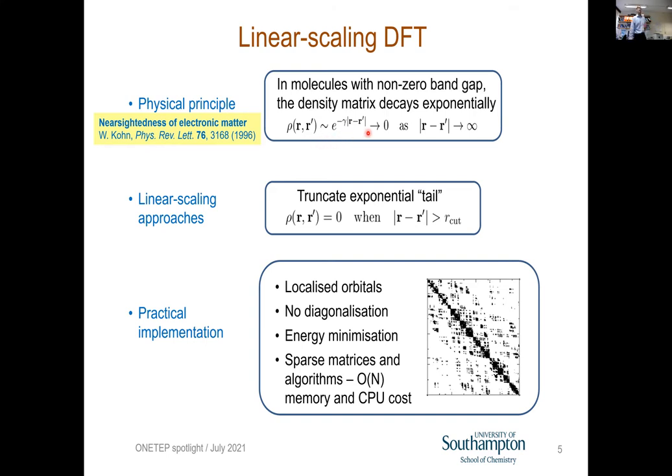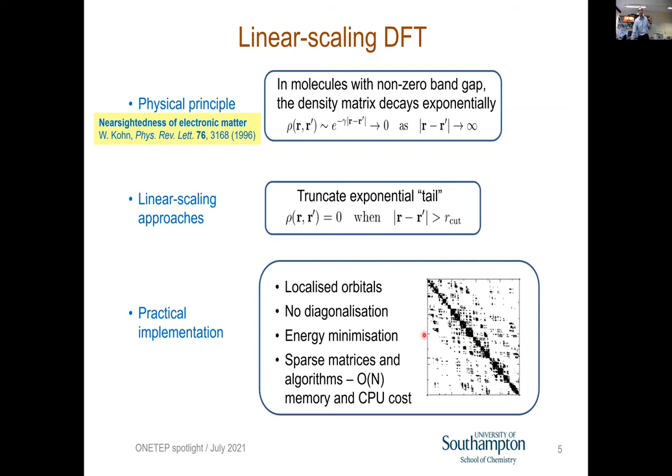If you can express the density functional theory energy expression in terms of the density matrix, you can come up with linear scaling approaches by truncating the density matrix after some distance cutoff, so that the number of non-zero elements scales linearly with the number of atoms. So you end up with sparse matrices, sparse matrix operations, and with enough sparsity, you are linear scaling.